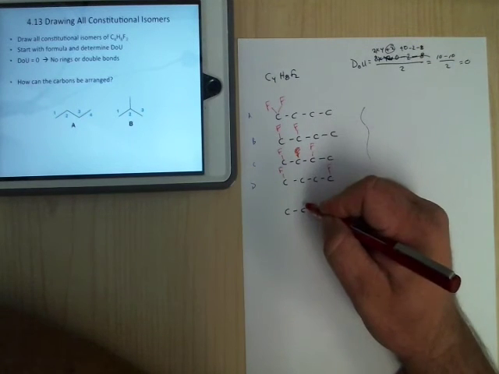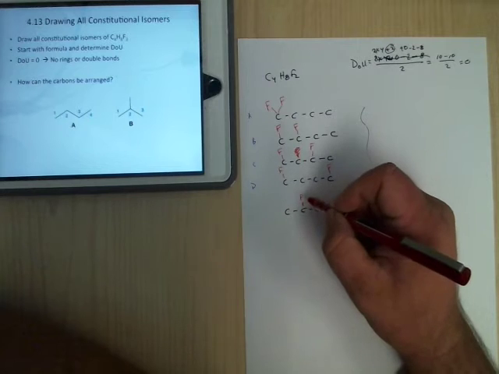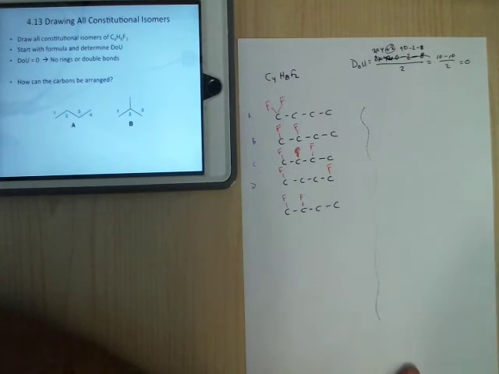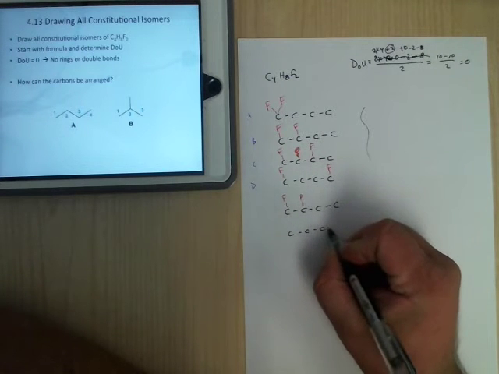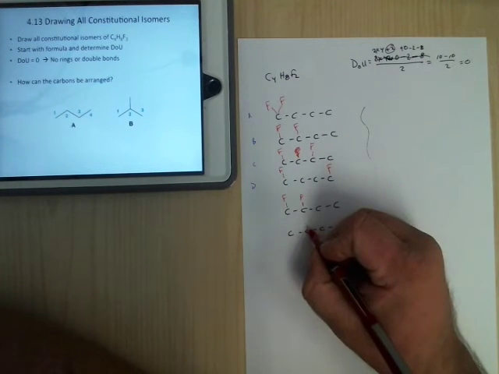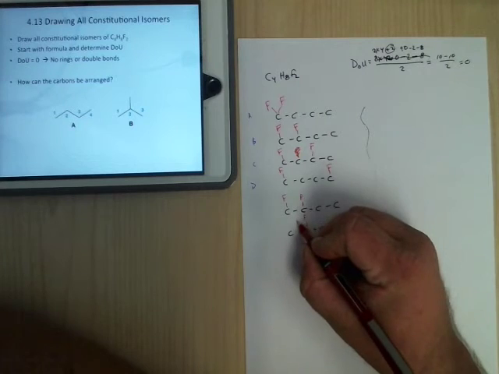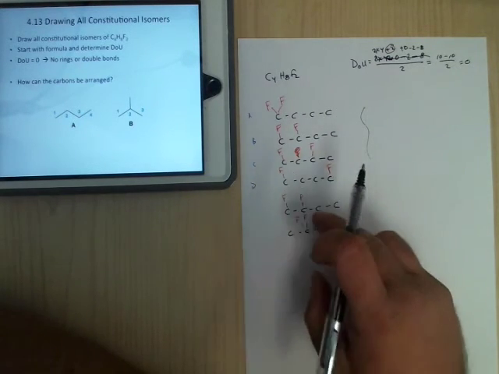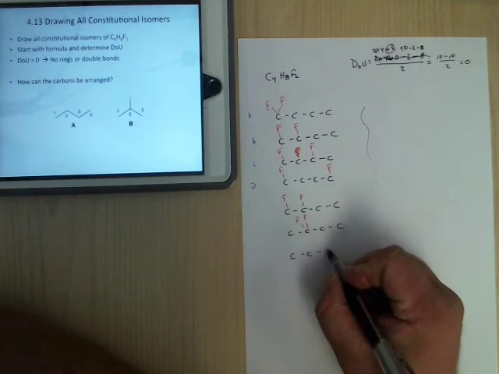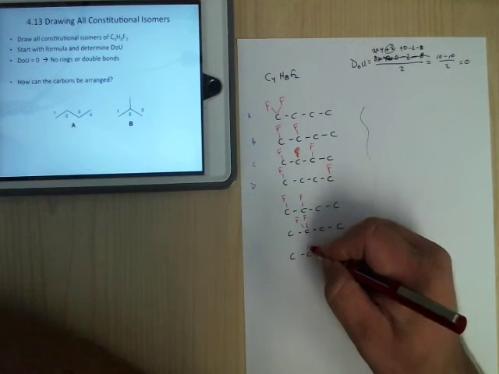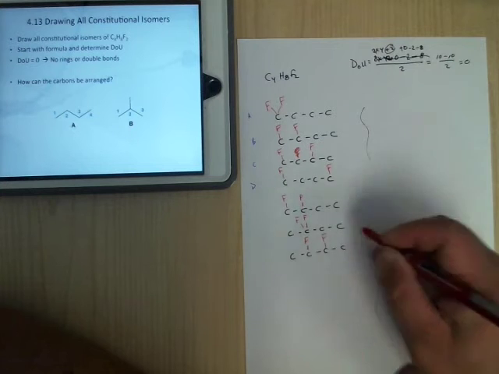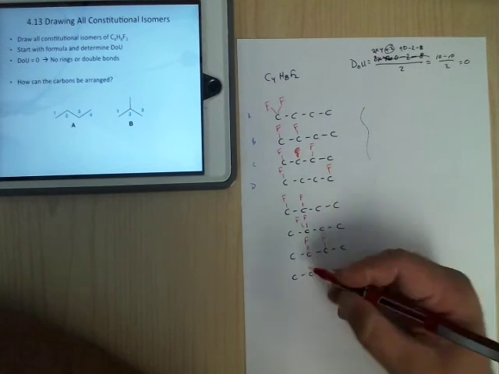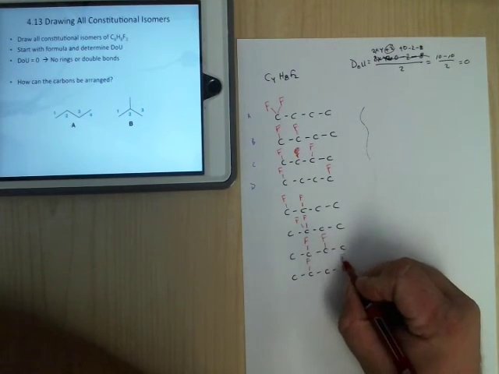So let's put the first fluorine here, and let's keep that the one that's fixed. That's the fixed one, and we're going to put that fluorine there. We're just going to move the one we moved down the line. We're going to move that there, there, here and here.